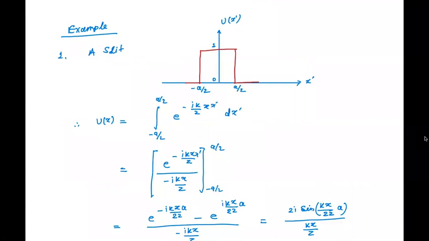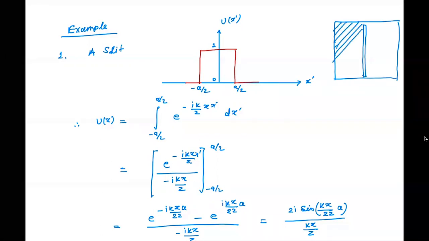A slit, as you would know, is this: we have an object, and then you have a tiny opening, and all the rest is opaque.